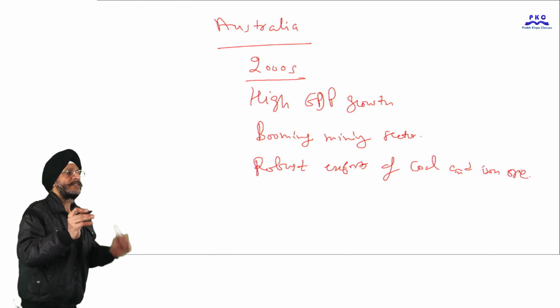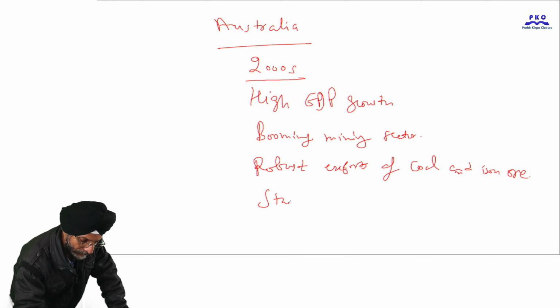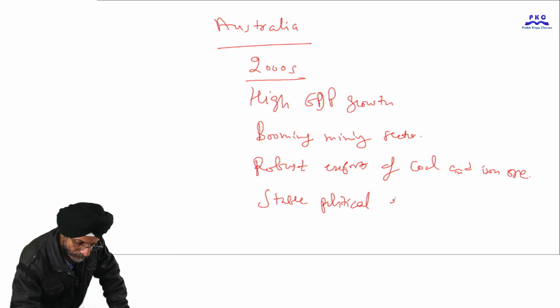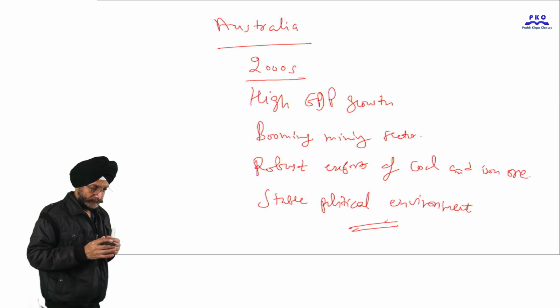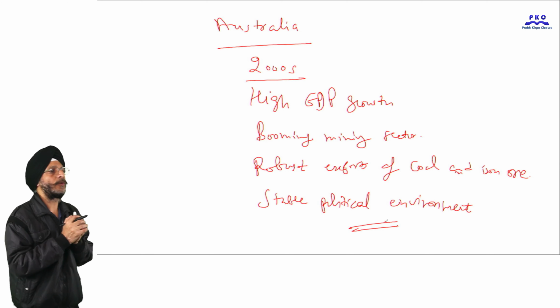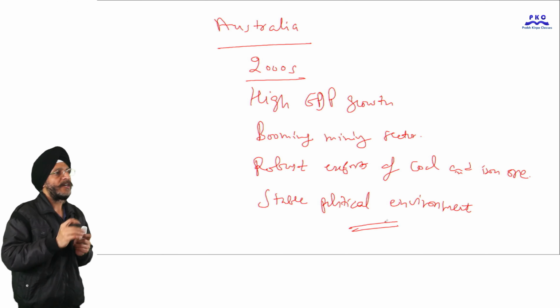And further, the political environment of that country was stable. So all these factors in Australia in the early 2000s helped in the appreciation of the currency of Australia.